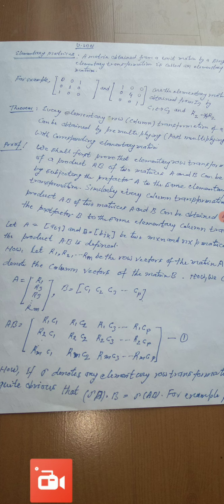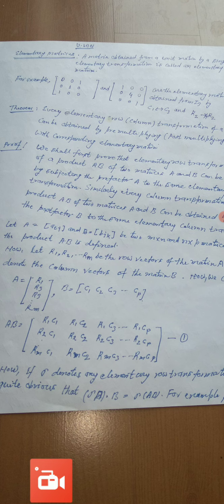Now let R1, R2 up to Rm be the row vectors of the matrix A, and C1, C2 up to Cp denote the column vectors of the matrix B.